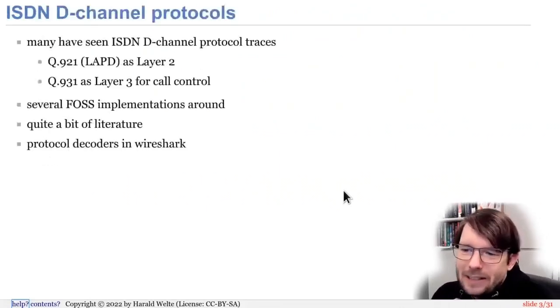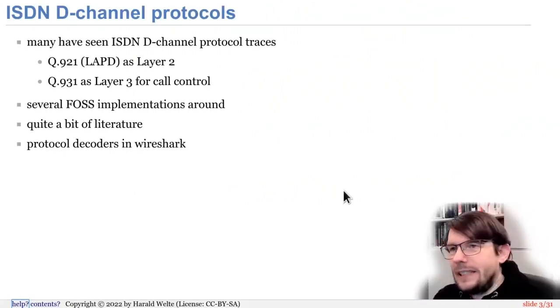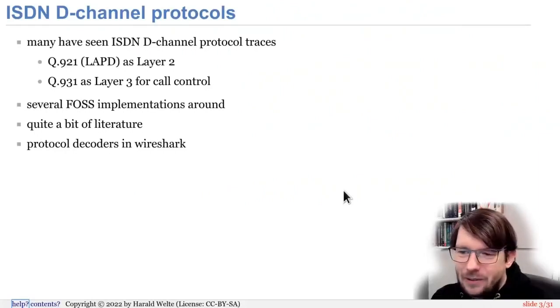So why B-channel protocols? I think most people here will have seen ISDN D channels every so often, since that is what you need anyway for signaling, even for voice calls.